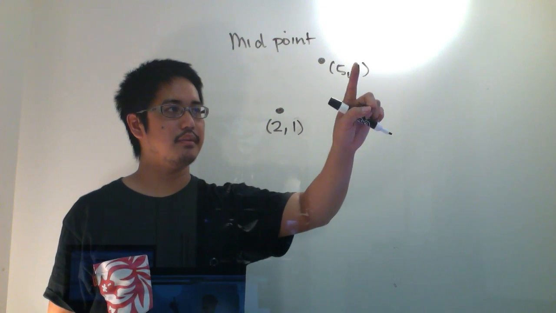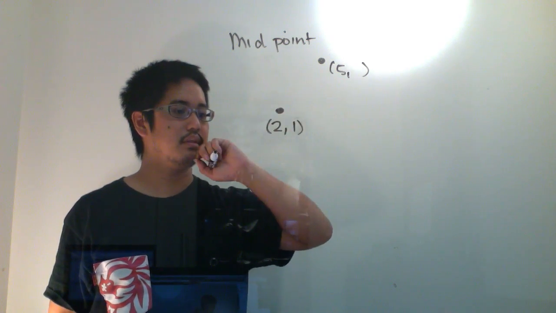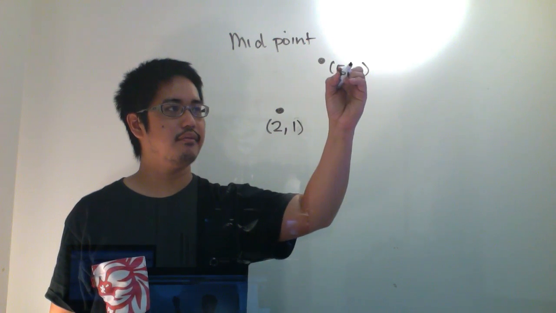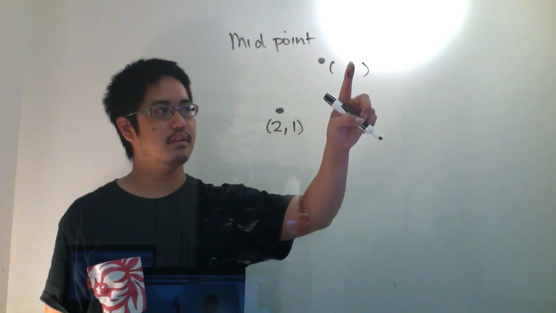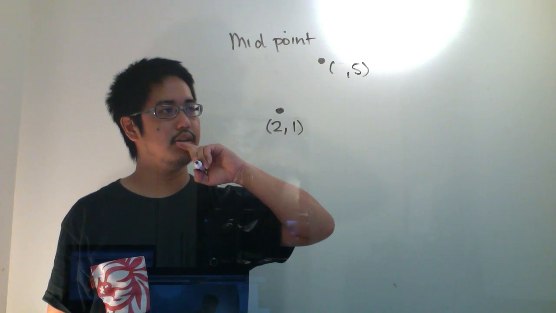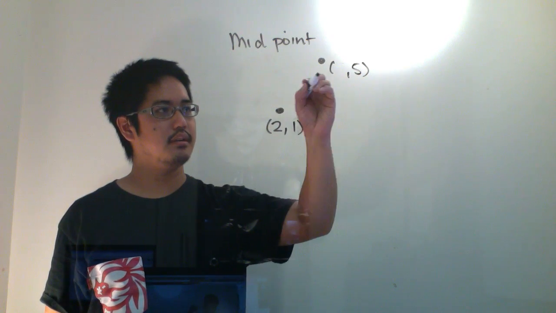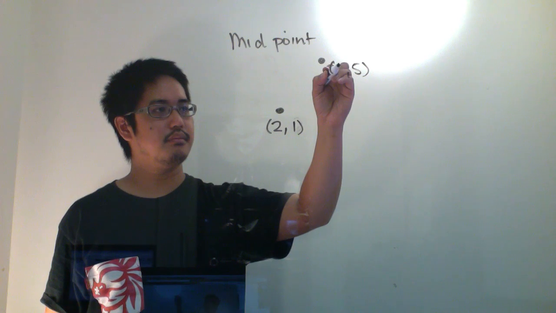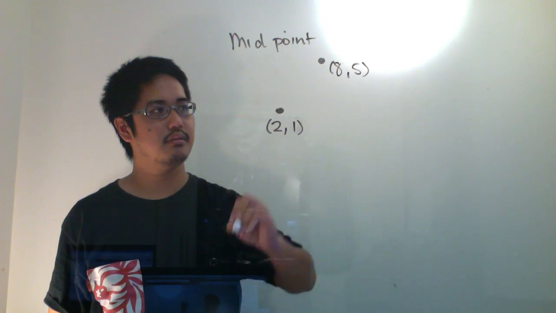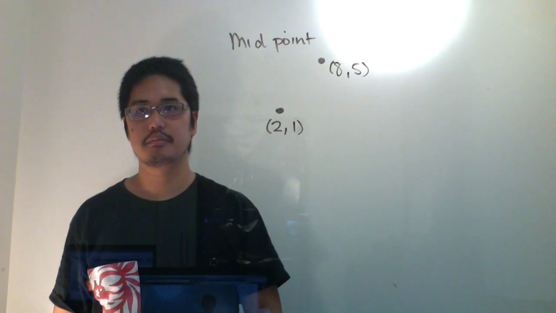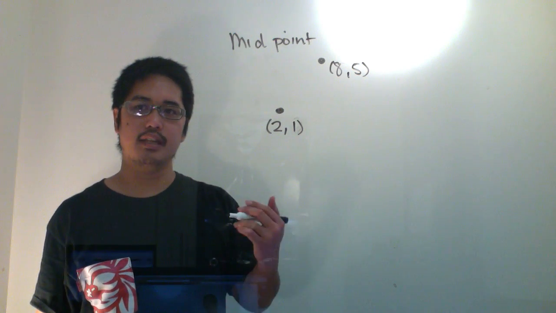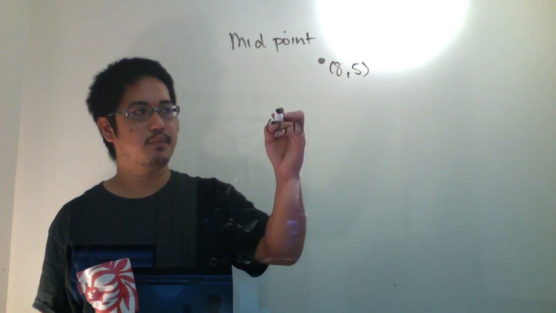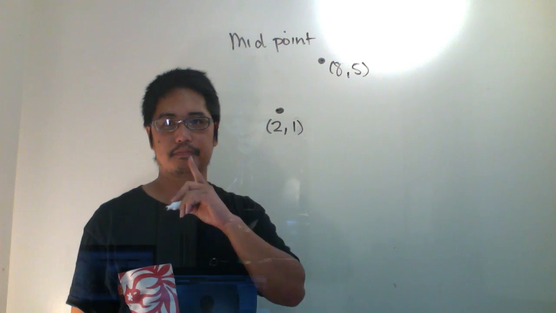Let's put 5 here, and I'll put an 8 here. Yeah, that would be good. Okay. What is a point that is right in between this point and this point?